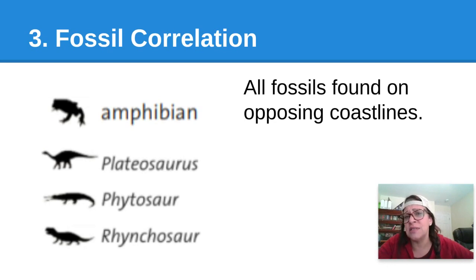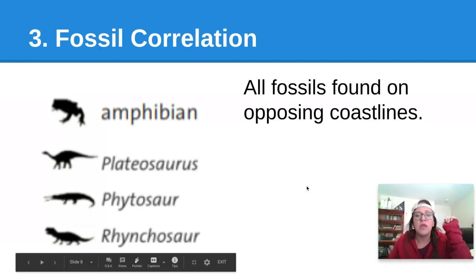Now, I don't know how big these things are. I didn't go through and do all this dinosaur research, but I do know that these are four types of fossils which help support the theory of continental drift because they were found exactly the same with very little adaptations on coastlines that are now across the oceans from each other. Remember this key. You're going to use it in a little bit.